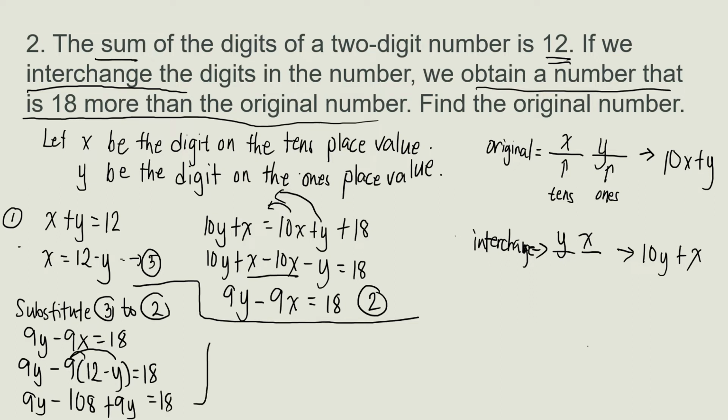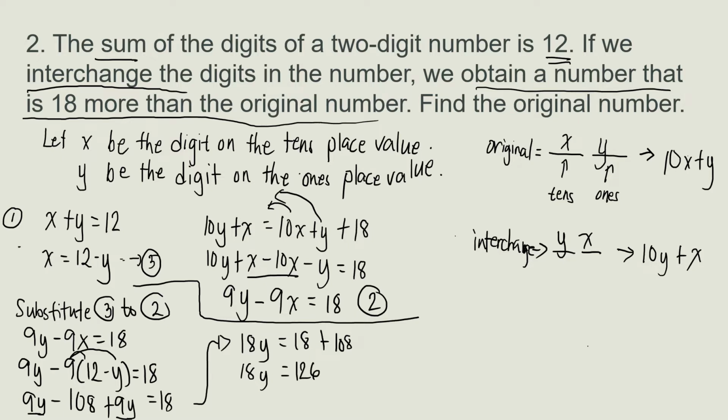Let's continue here. Let's combine like terms. You have 9y and a 9y, so that is 18y. Next, you have negative 108. Let's transpose that to the other side. You will have 18 plus 108. So 18 plus 108, that is 126.